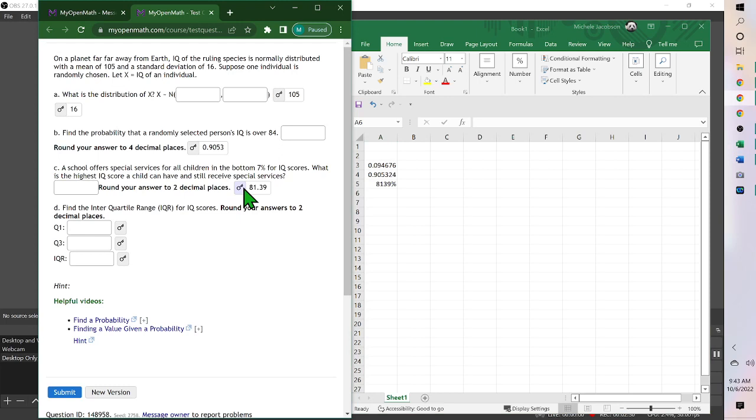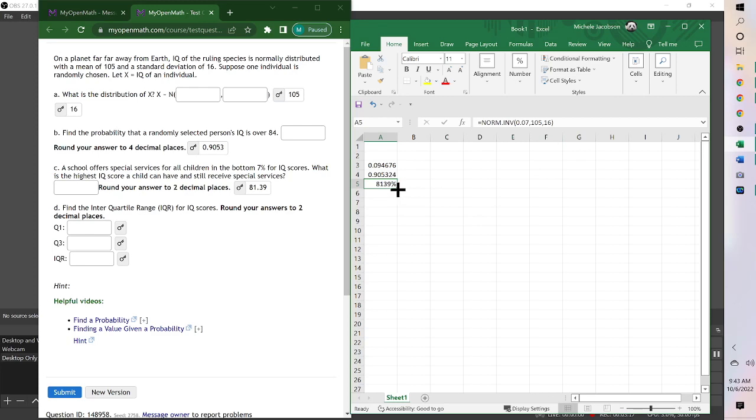Don't know why I put it as a percent. But it's 81.39%. I must have, oh, I know what happened. If we look at this, I didn't put the decimal. Yes, I did. Bottom 7%, 0.07.